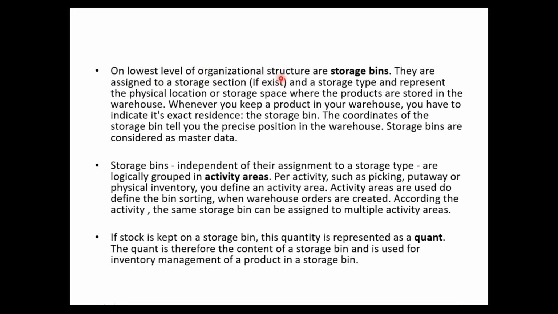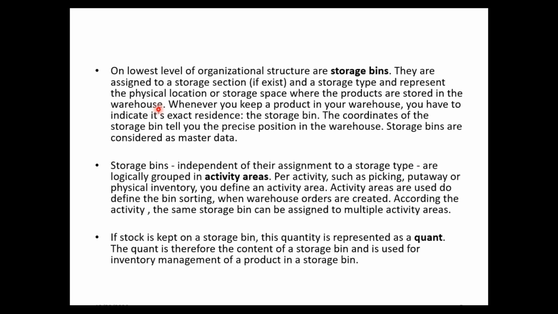On the lower level of the organizational structure are the storage bins. They are assigned to a storage section and a storage type and represent the physical location or the storage space where the products are stored in the warehouse. So a storage bin is the exact physical location where materials are placed, stored, or stocked.